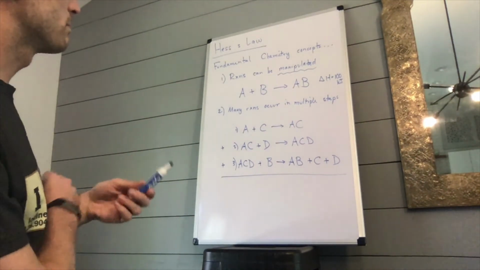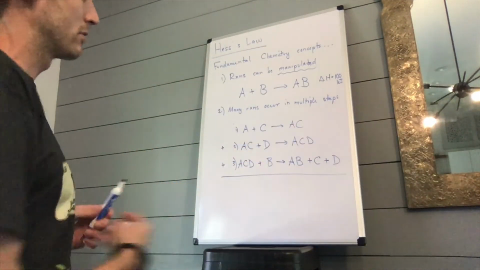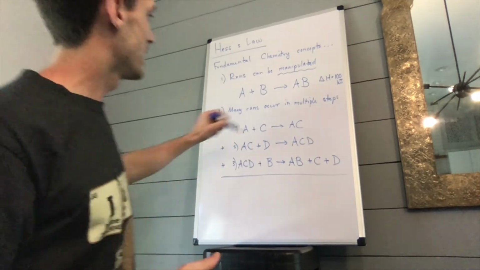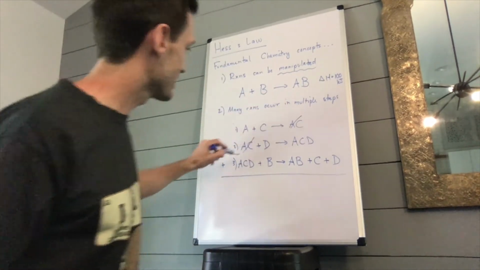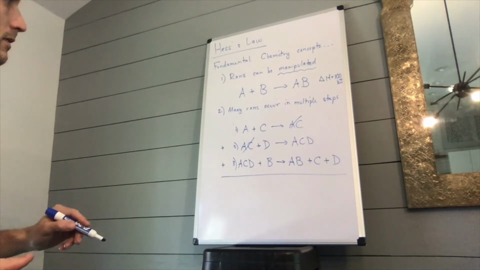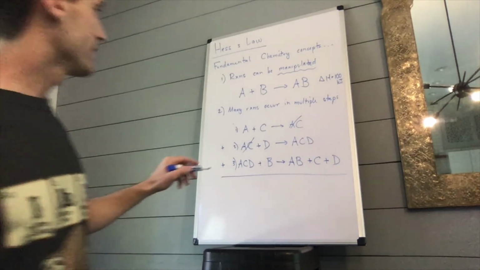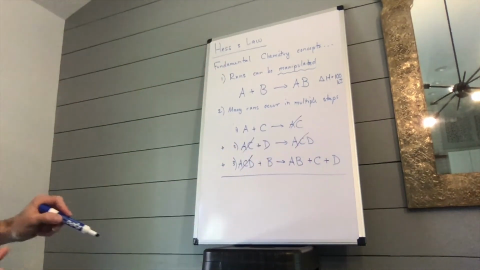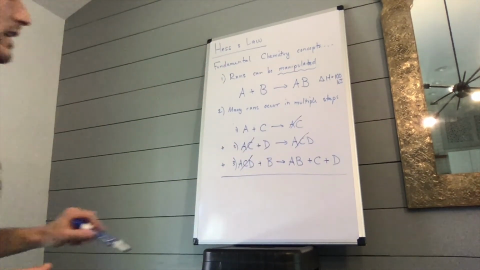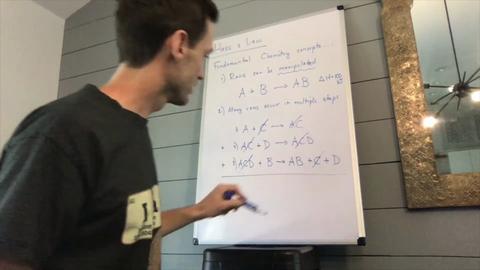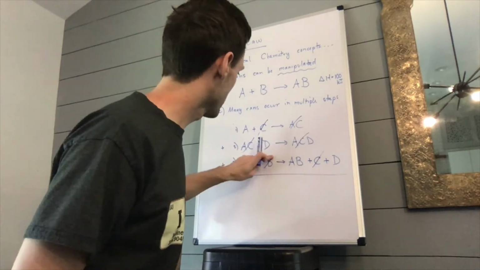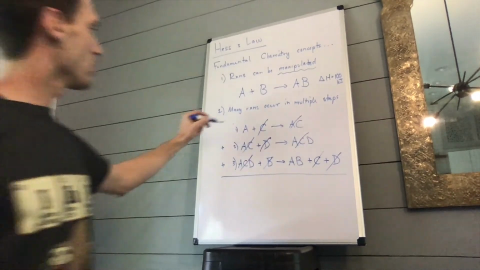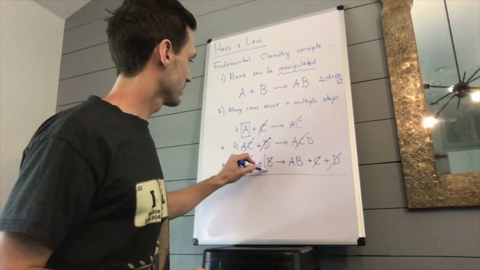What shows up on both the left and the right side in different steps? Well, I see first here an AC on both the left and the right that can cancel. I also see an ACD on both the left and the right. I see a C and I see a D on both the left and the right.